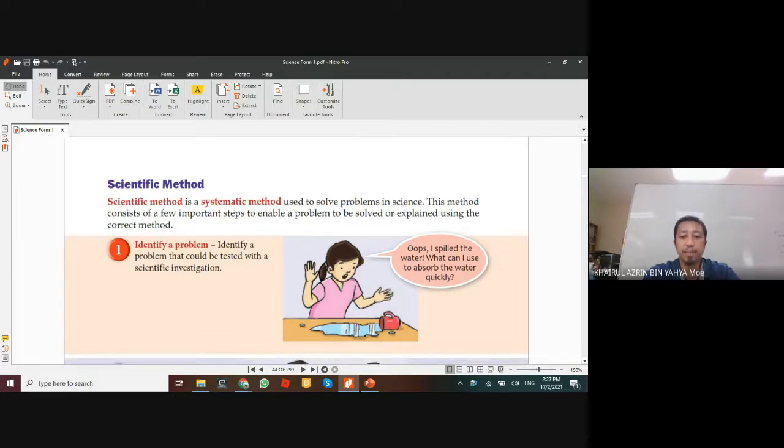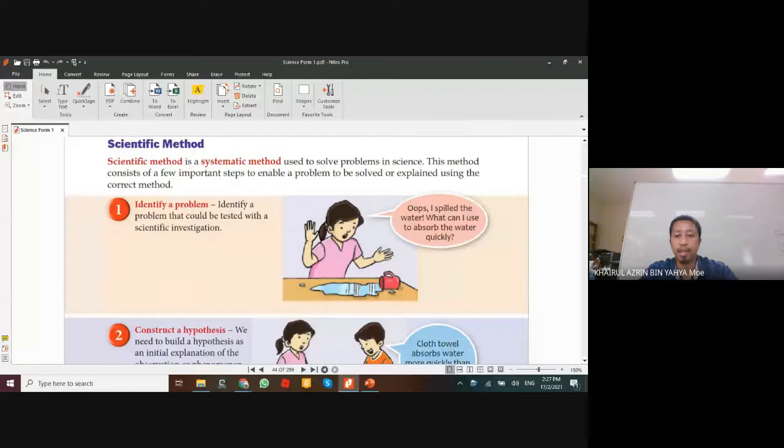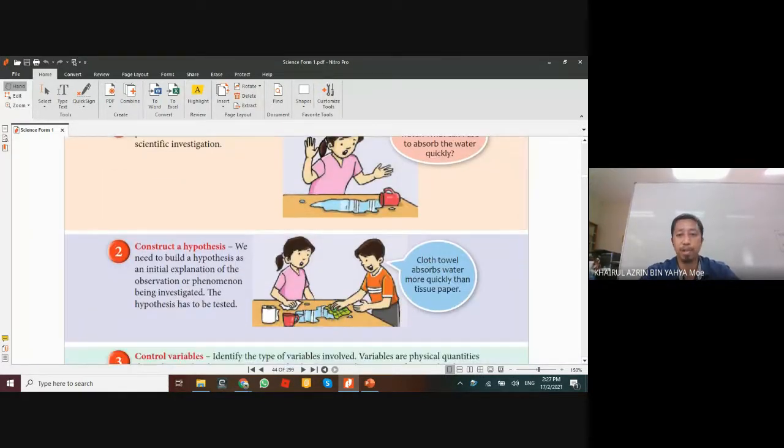I like this one in the picture, dalam gambar ni. The picture says here, oops, I spilled the water. Alamak, saya tertumpahkan air. What can I use to absorb the water quickly? Apa yang saya boleh guna untuk menyerap air ni dengan cepat? So how does she absorb the water spilled on the table? So that is the problem.